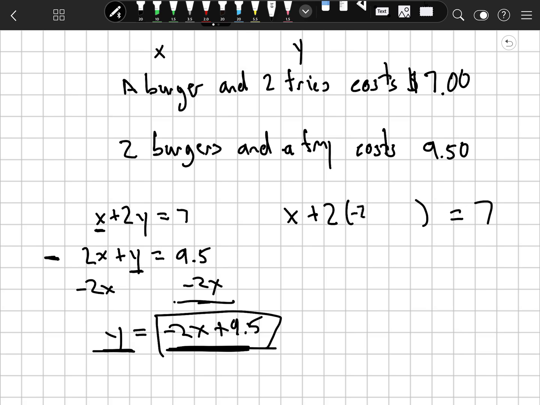So I'm going to put negative 2x plus 9.5. At this point we have to simplify the left side here. So we're doubling that whole quantity in parentheses. So that's negative 4x. And 2 times 9 is 18. 2 times 0.5 is 1, so you get 19.